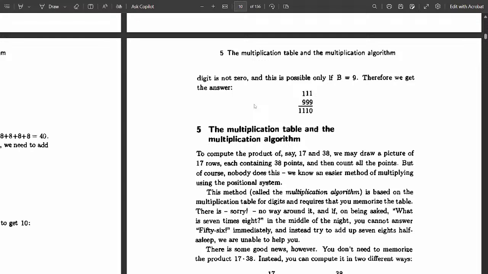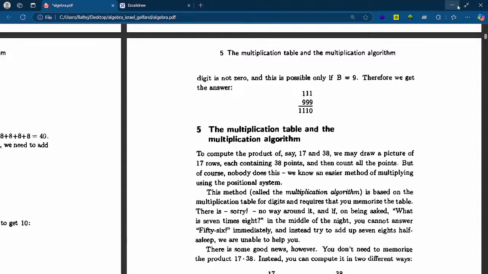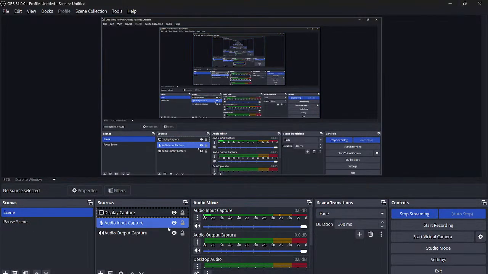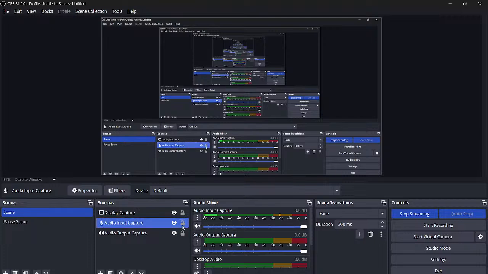The multiplication table and multiplication algorithm.